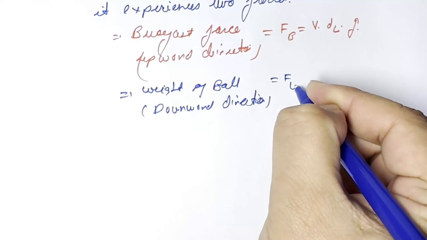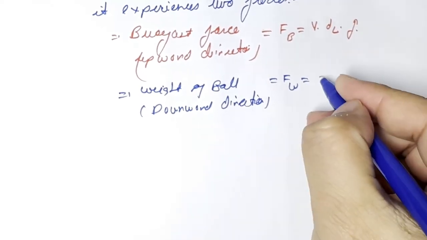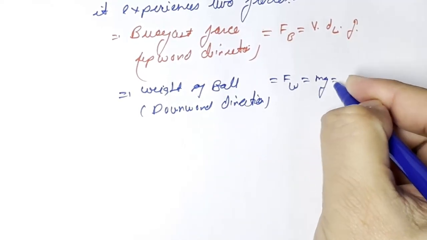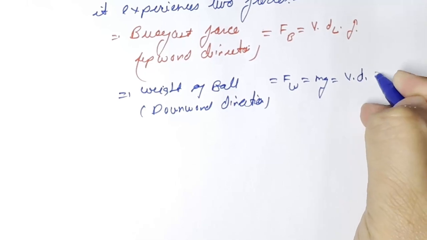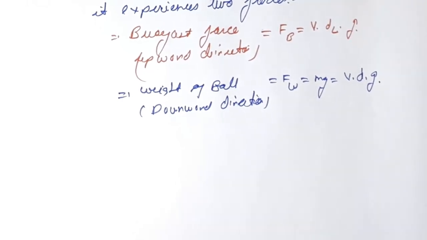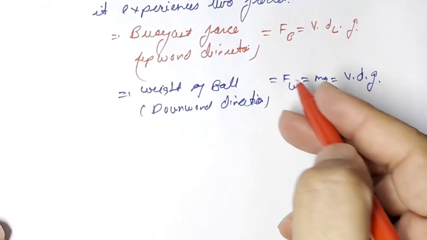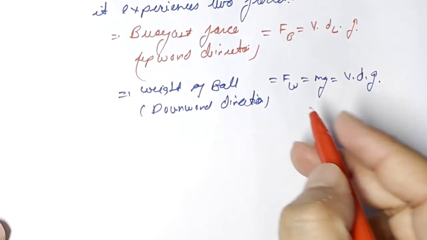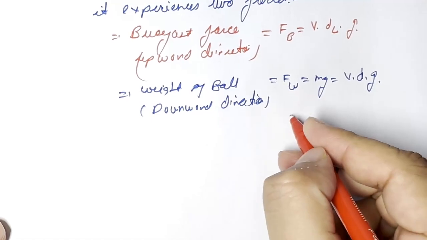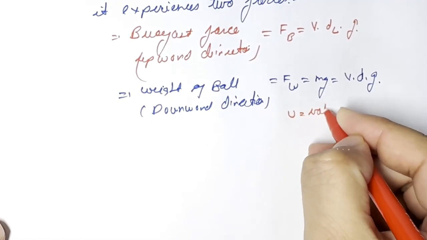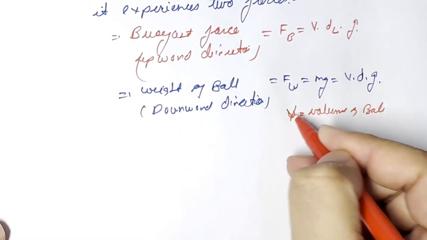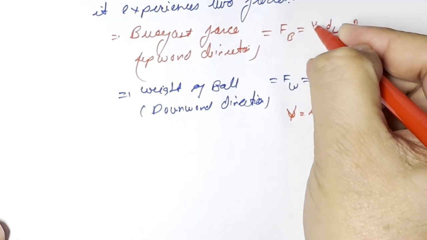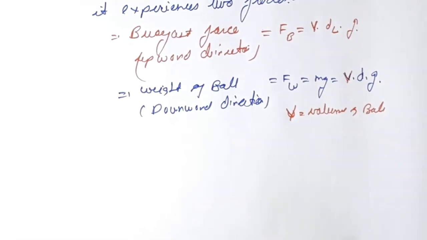Let us call that FW, equal to mg, which can be written as V multiplied by density of ball multiplied by g. In both cases, V is the volume of the ball. Let me write it as capital V, otherwise it will be confused with the velocity.